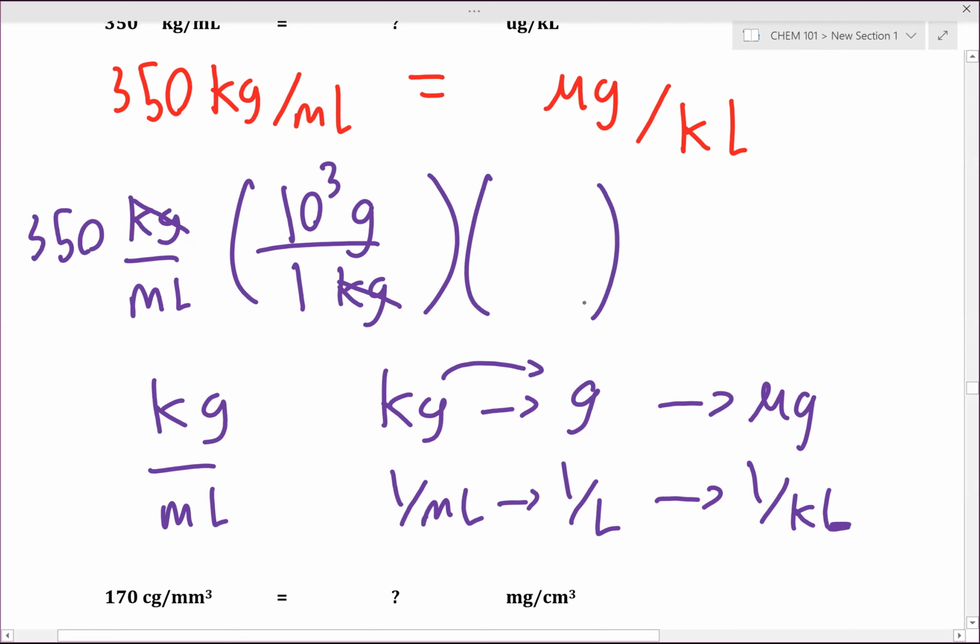Okay, for our next phase of this process, what do we need on top in the end? Micrograms. So micrograms needs to go on top. And what units need to be on the bottom? Grams.